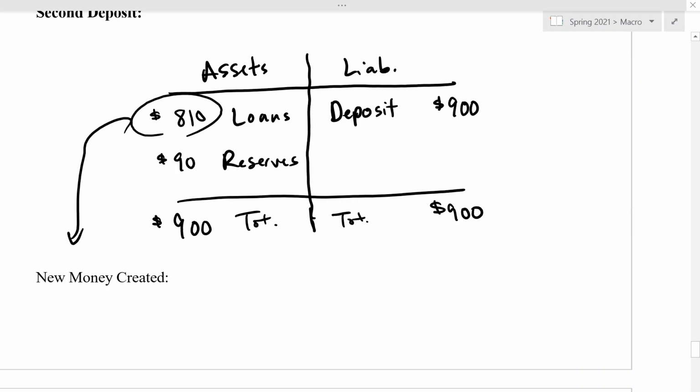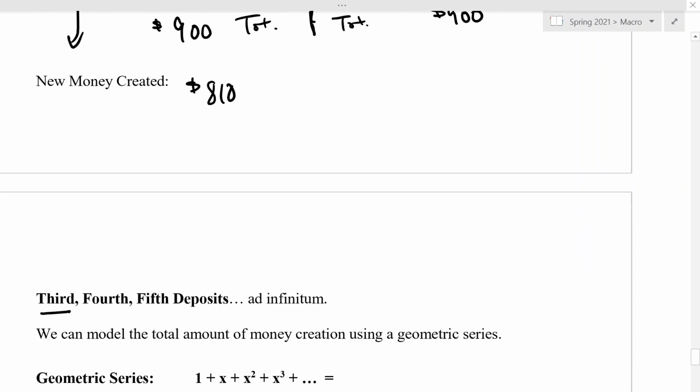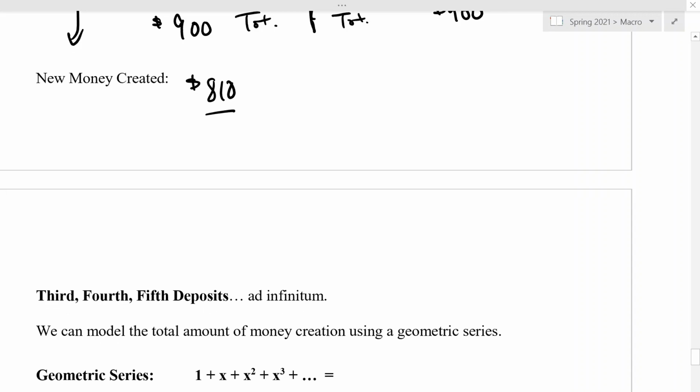So there's another $810 created through the banking system. And this is going to keep going. So there's going to, 10% of 810 will be kept as deposit. The rest is off to the next borrower. And then the fourth, fifth, sixth, and it's going to continue on and on and on.